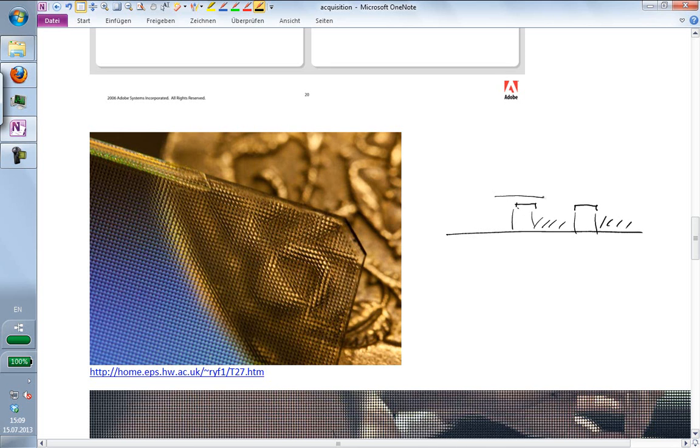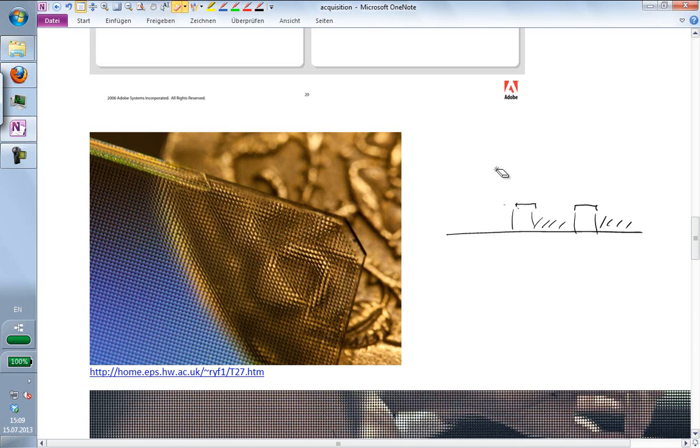And you can use a lens that will collect all of the light that falls in this Voronoi region and sends it to this photo element.